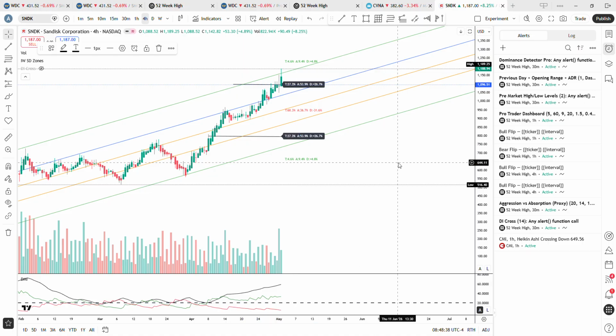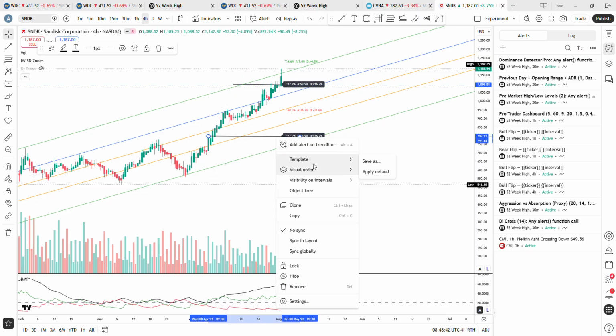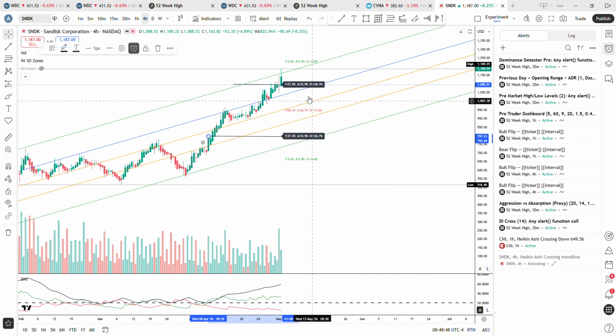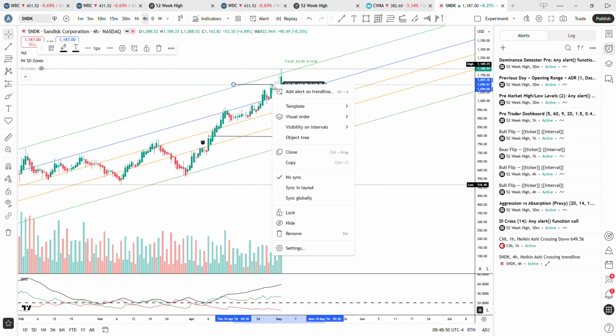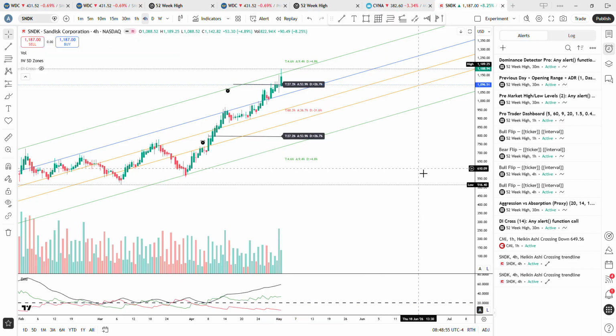And what any smart trader will do is click here, add alert, price crossing, create one. Here again, add alert. So what I'm trying to explain is that combining DI cross and standard deviation, you can take a very high conviction trade.